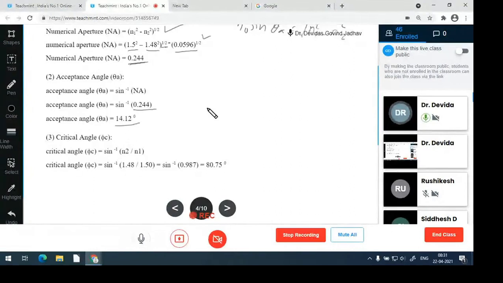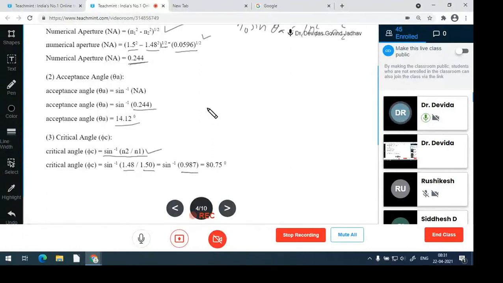Similarly, critical angle, as in the previous problem, critical angle phi c is sine inverse N2 upon N1. N2 is substituted, N1 is substituted. Critical angle phi c is sine inverse 1.48 divided by 1.5.